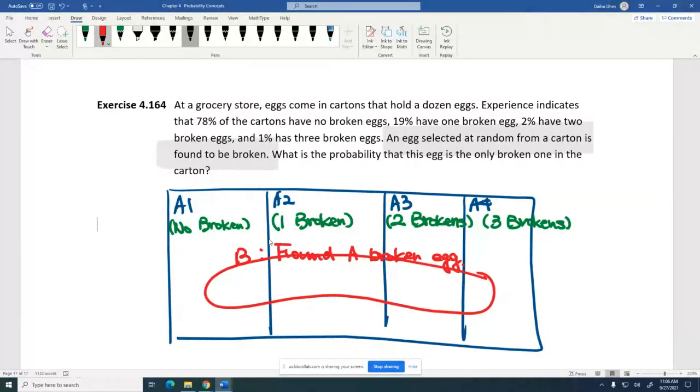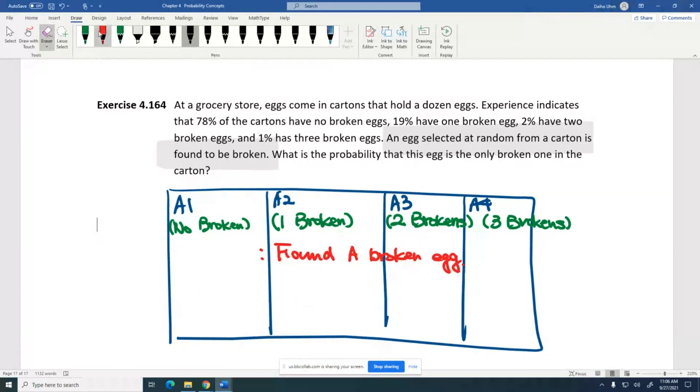Just a second. Can I look for a broken egg here? It means in case A1, actually there was no broken egg. Can I pick a broken egg? No, impossible. So let me modify the Venn diagram.